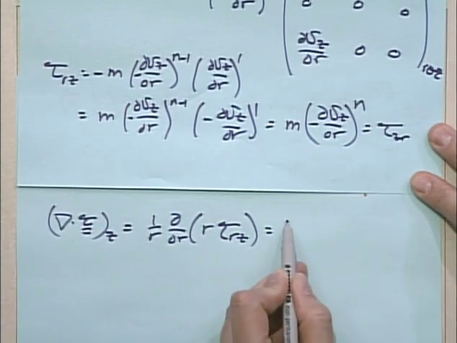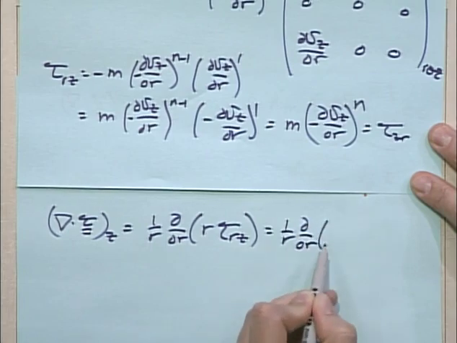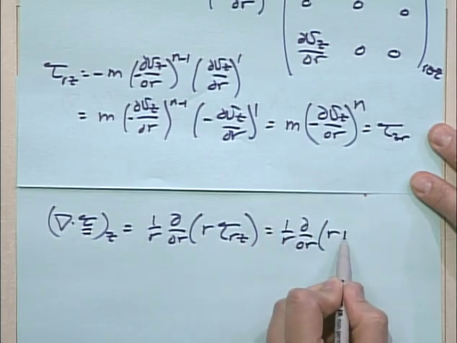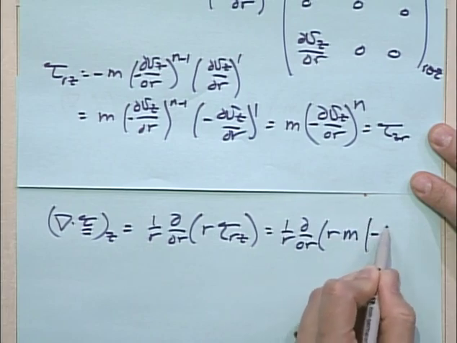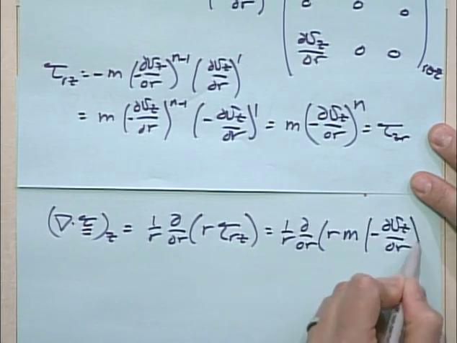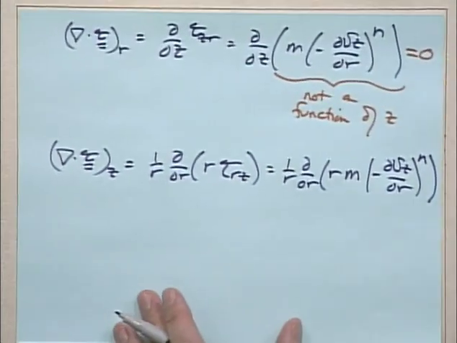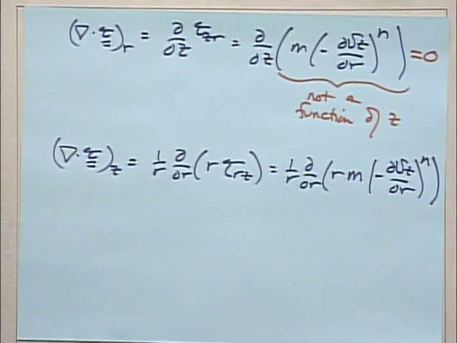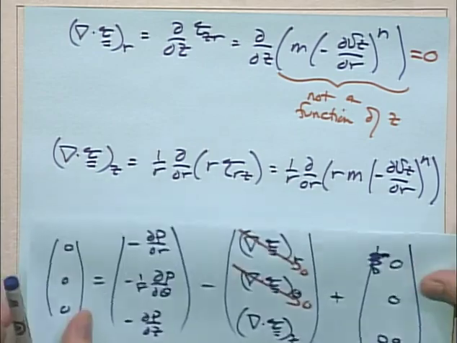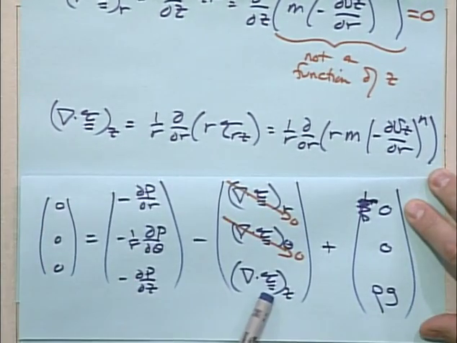So I copy that. I've got 1 over r d by dr of r times this mess: m times minus dVz dr quantity to the n. This is not 0. This is going to be the piece we need to work hardest on. This is the piece that goes in right here.